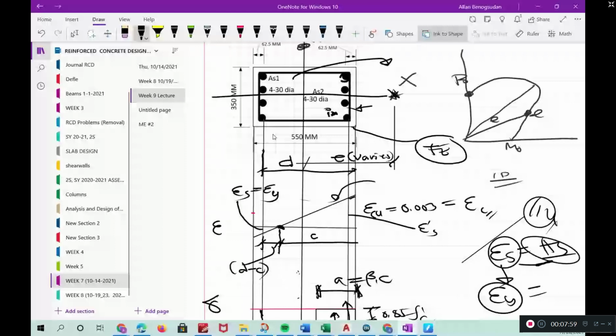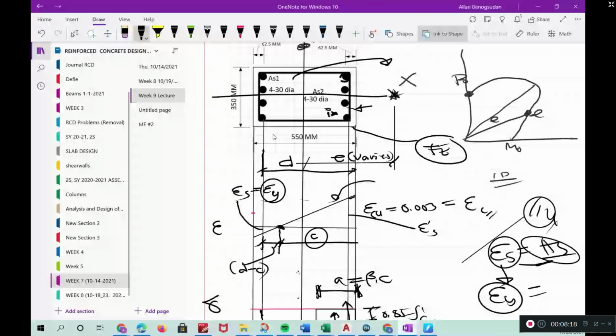Pwedeng hindi sila magkapareho, di ba? Kasi ito, nag-change to. So, when that one change, it can be that at a particular point, hindi niya ma-reach yung E sub Y. Okay? So, yun po yung ibig sabihin.